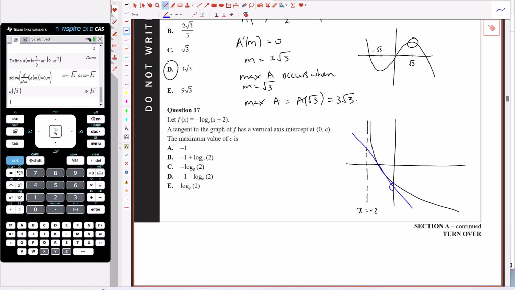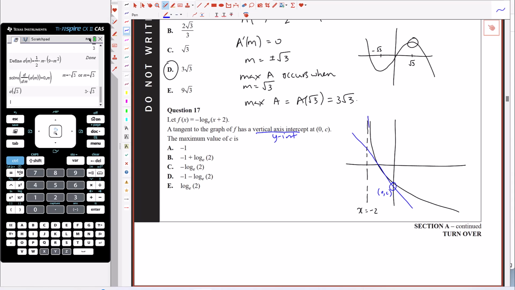Okay, there's the vertical axis, the y-axis, and so that intercept is, oh, sorry, I thought it was, sorry, my apologies, I misread it. So it's just talking about the vertical axis intercept, which is just the y-intercept. Okay, the tangent has a y-intercept, but obviously there's no y in this problem in the way it's been defined, so I haven't actually defined the vertical axis as being a y-axis, so they can't just say y-intercept. And so that point is at 0c. The maximum value of c is.